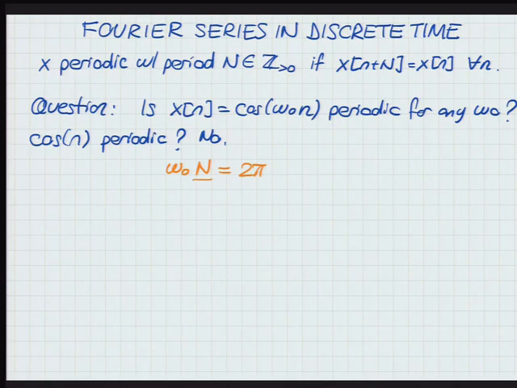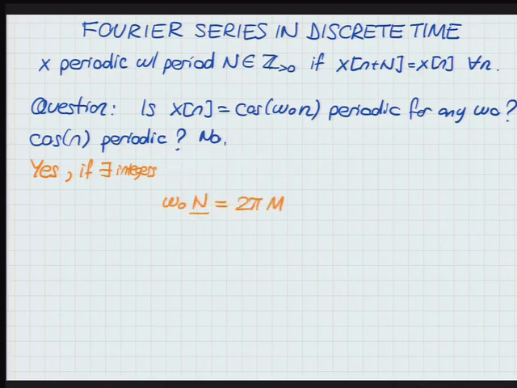But that may not be possible. In general, you may have to settle with an integer multiple of 2 pi, so let's call it m. So the answer to the question is yes if there exist integers N and m such that this is true. And the smallest N that will make that true will be your fundamental period.